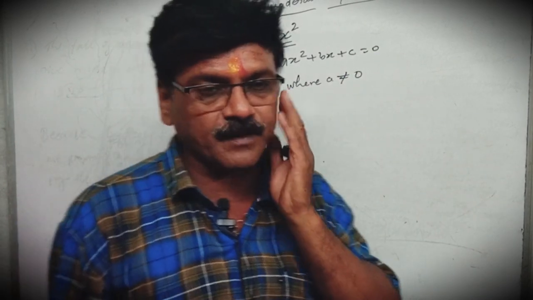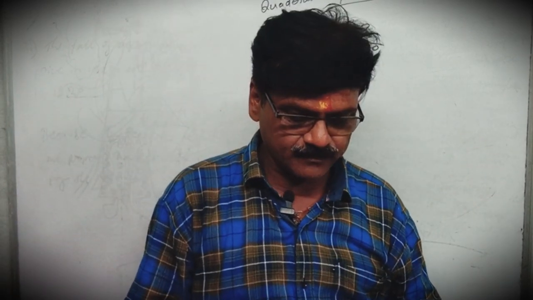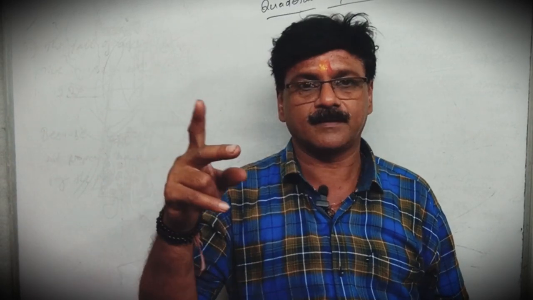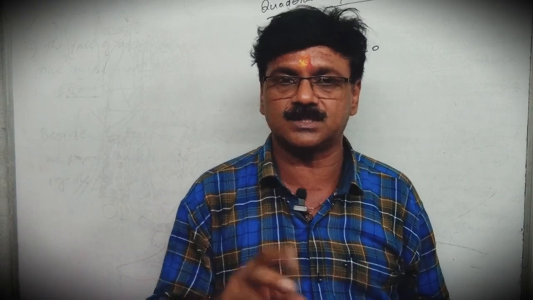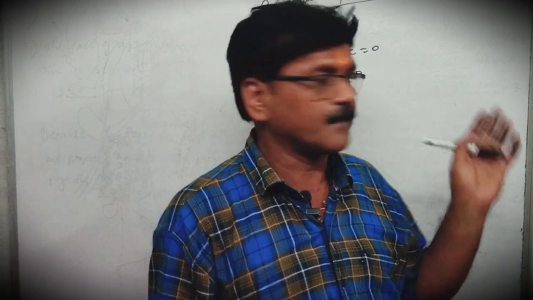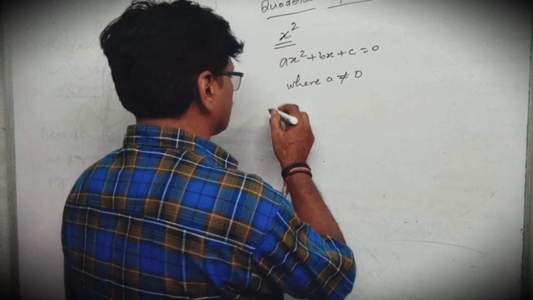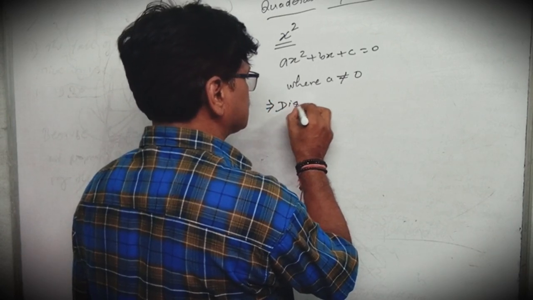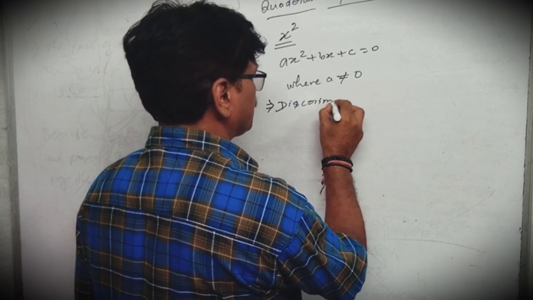As in the previous classes on polynomials, you have read about quadratic polynomials, that there were two zeros, alpha and beta. Here there are also two roots, and those roots depend upon the discriminant value.